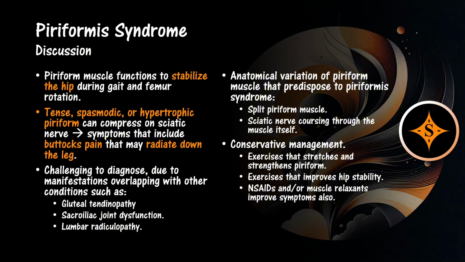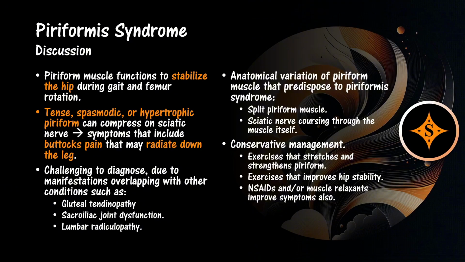It is also important to note that some people may have a higher propensity to develop this syndrome due to anatomical variations, such as a split piriformis muscle or the sciatic nerve itself running through the muscle, whether the muscle is split or singular.